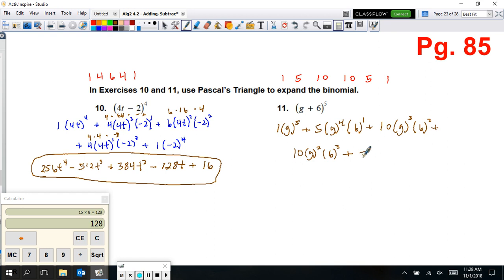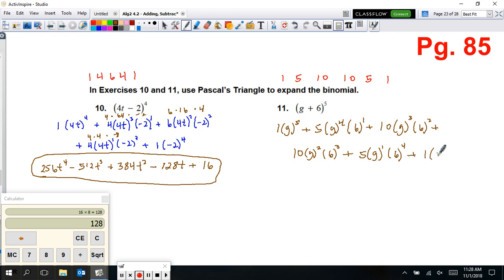And plus 5 for the Pascal number. The G term here is going to go down to 1, and the 6 term here is now going to go up to 4. Remember, I always check it: 1 plus 4 should be 5. These exponents should all add to 5. 2 plus 3 is 5 here.